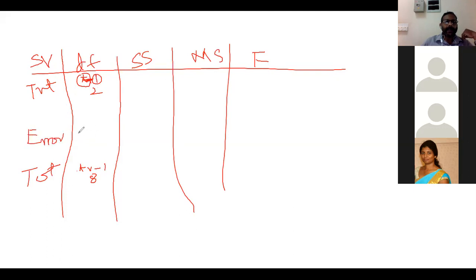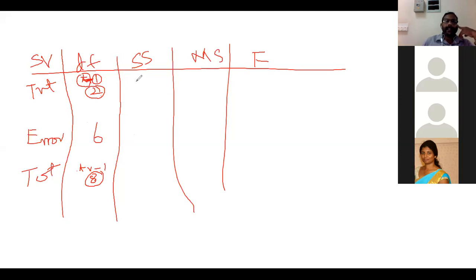Error is actually T into R minus 1. You can calculate it, or otherwise total minus treatment degrees of freedom. So 8 minus 2 is 6. If you put it in the formula also, you will get the same degrees of freedom.